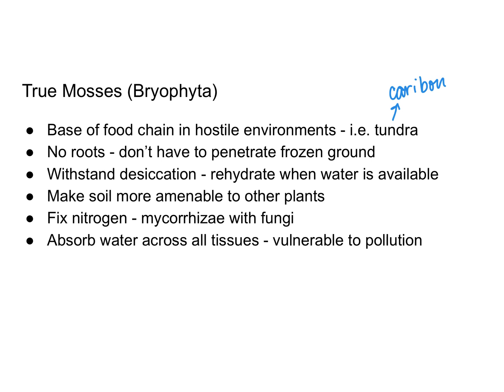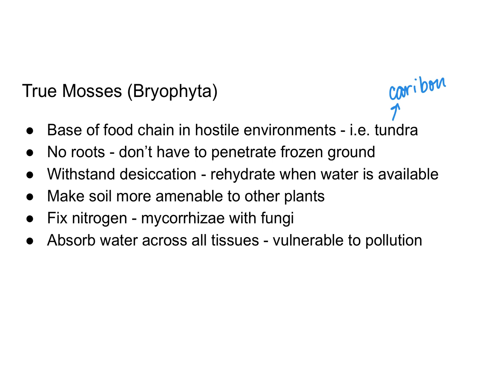Remember, they have shallow rhizomes, which help them to not have to penetrate the frozen ground. So they have a superficial anchoring system. They're able to survive desiccation or dehydration events. So they can go dormant when they dry out, and then when water is available, they're able to rehydrate and become active again.